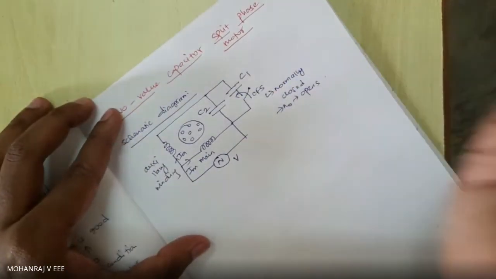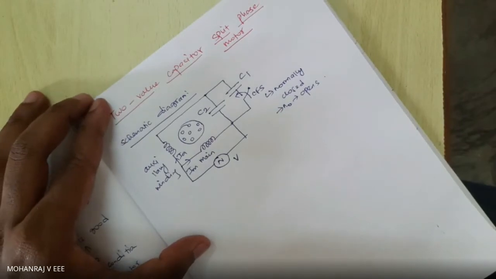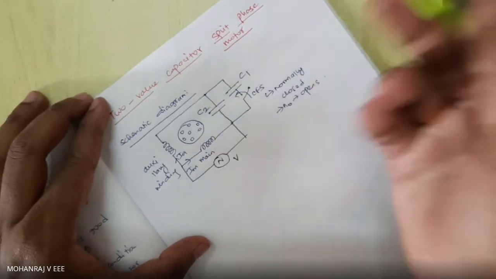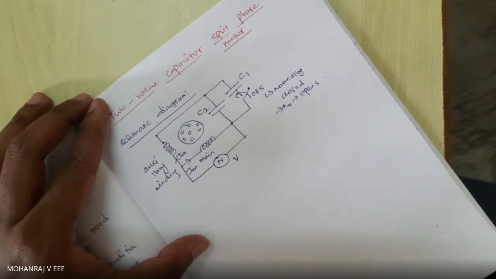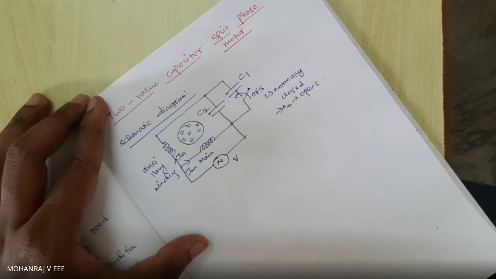When two capacitors are connected in series, the capacitance will reduce. When two capacitors are connected in parallel, the capacitance will increase. If the capacitance increases, the current leads the voltage by a huge amount.